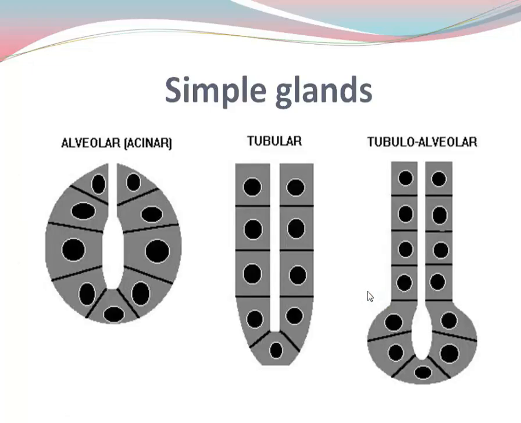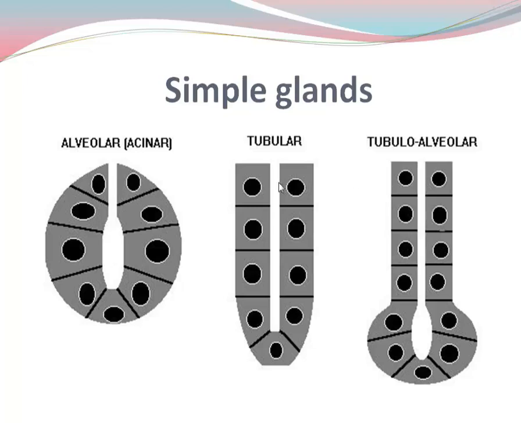Now the simple gland is again classified, as alveolar. This is an acini-forming gland. A single acinus, a single lumen and a small duct form because of this acinus, and the secretion is poured on the surface here. So the acinus is a ball-like, capsule-like, grape-like structure, internally lined with centrally pointed secretory epithelial cells which pour their secretion here.